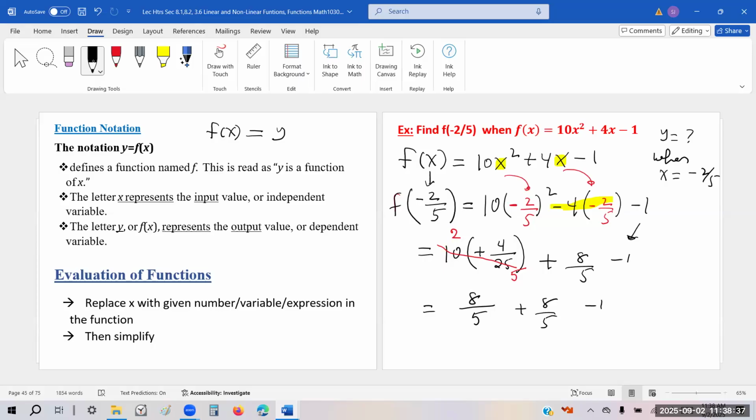Oh, I made a mistake. This is positive, so it has to be positive. That means, what is this sign? Negative. And see, look back, 8/5, 8/5, but actually they cancel out. This is positive, this is negative. We have nothing to do. We cancel them. So what's the answer? Negative.